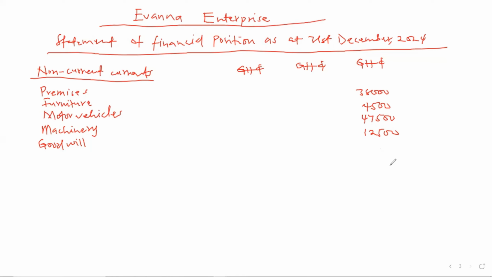So that amount is 10,000. When we add all the non-current assets, we have 112,500. Then we come to our current assets. With our current assets, we have the inventory.